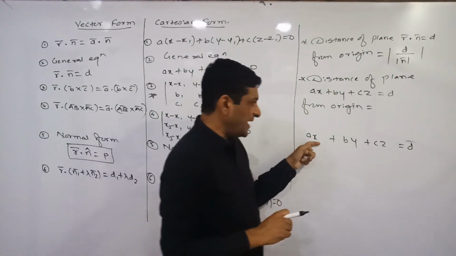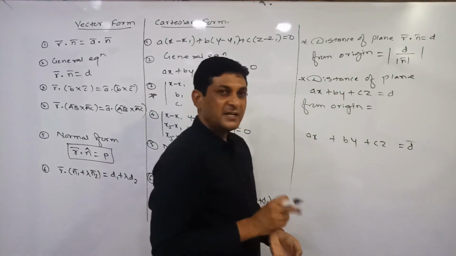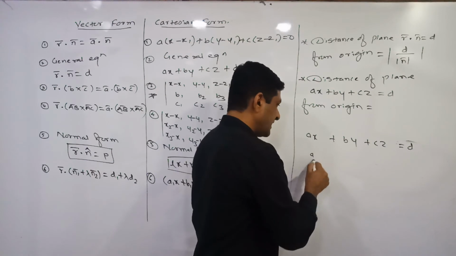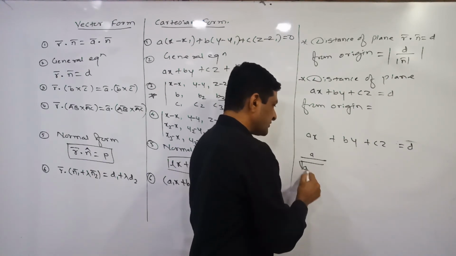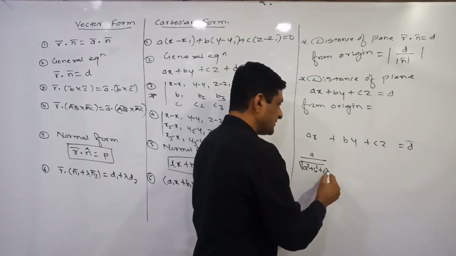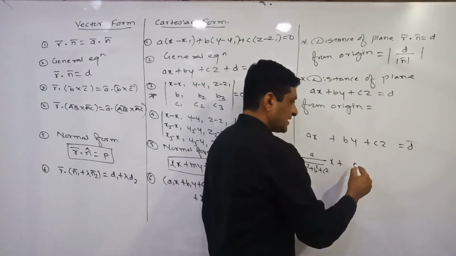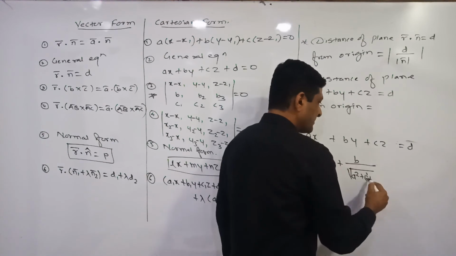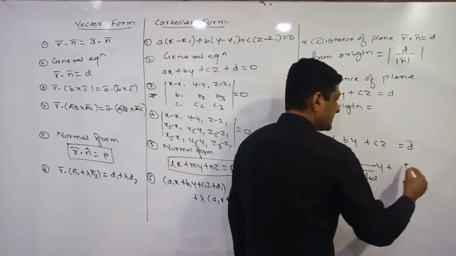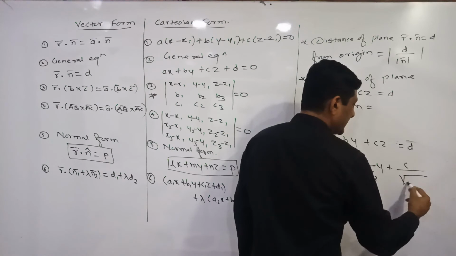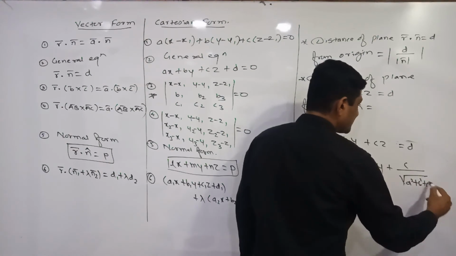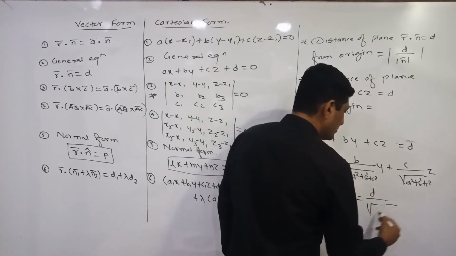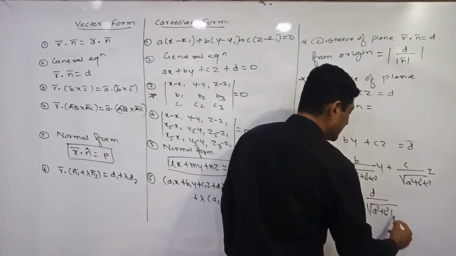So now if I divide both sides by under root a square plus b square plus c square, see what we'll get. Here we will get a upon under root a square plus b square plus c square, x, keep it as it is. Here also I am dividing by under root a square plus b square plus c square, y, plus c upon under root a square plus b square plus c square, z, and on this side also we are dividing by under root a square plus b square plus c square.